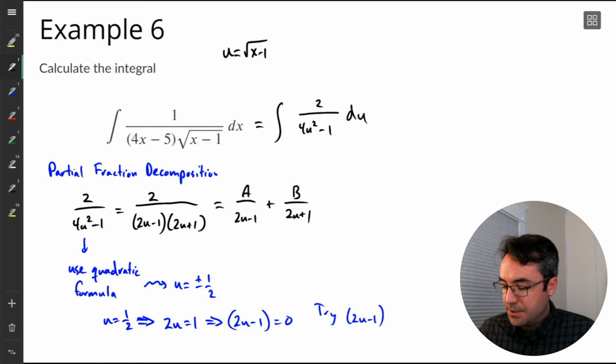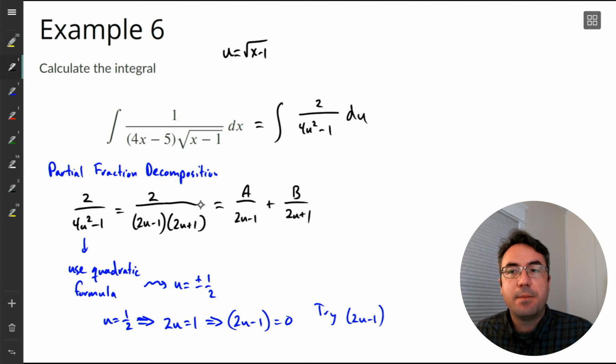All right. So now we want to multiply both sides of this equation by the terms that are showing up in the denominator.